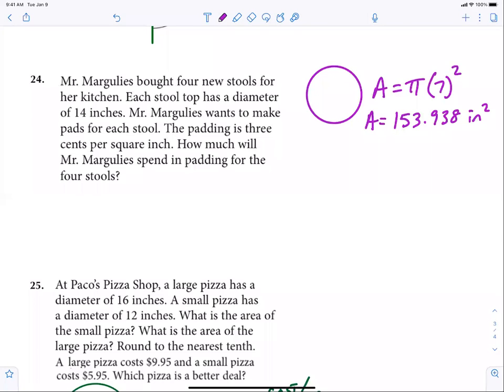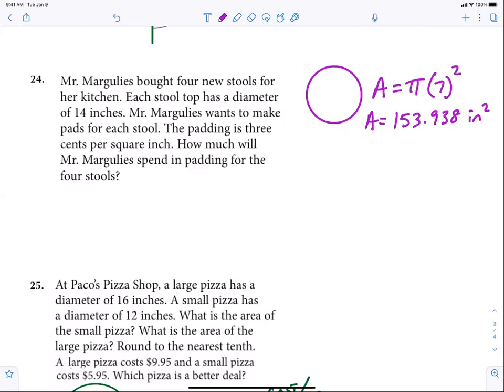Now what do I need? Let them work. Now what? Would it be divided by 0.03? Why are we dividing by 0.03?